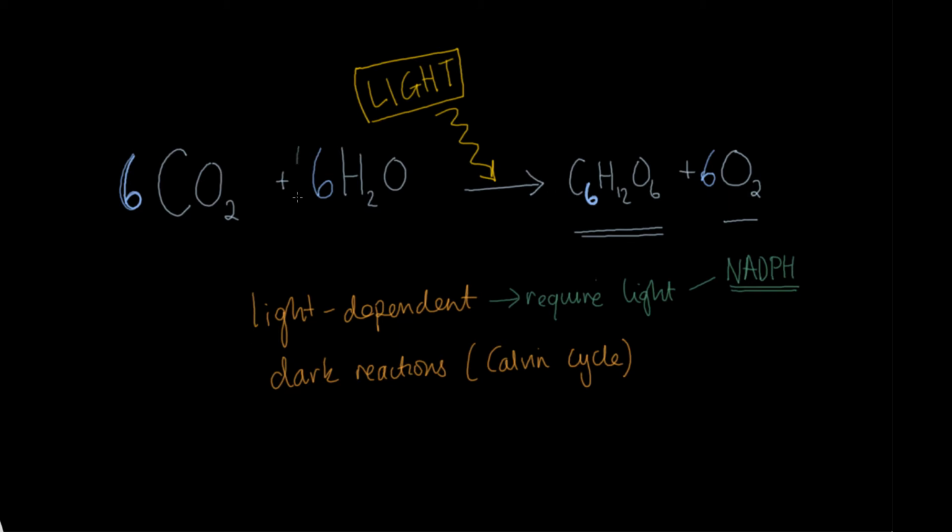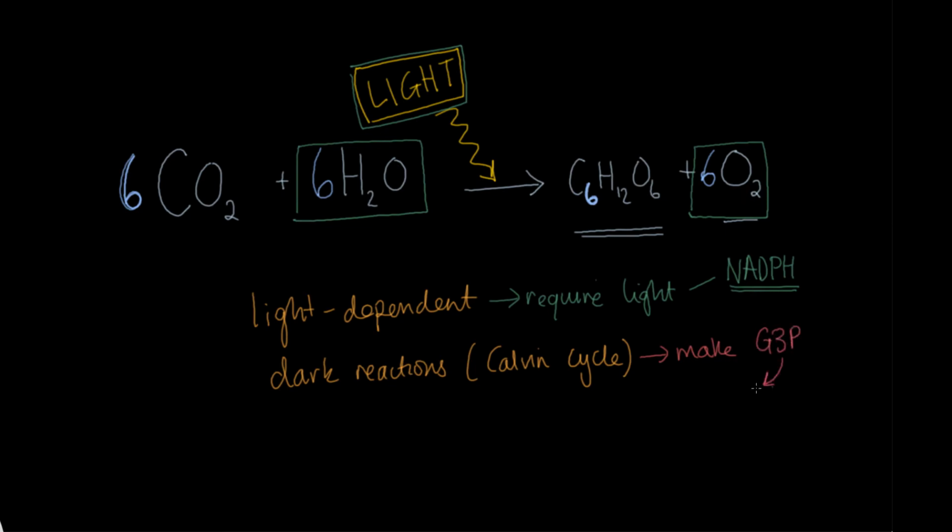So these parts of the equation here, this water here, this light here, and this oxygen here, these are all the light-dependent reaction parts of the equation. Now the job of the Calvin cycle is to make a molecule called G3P, which is basically a precursor, something required to make glucose.